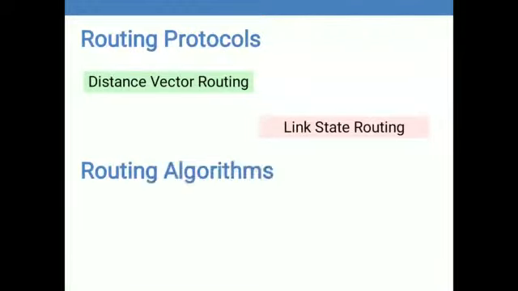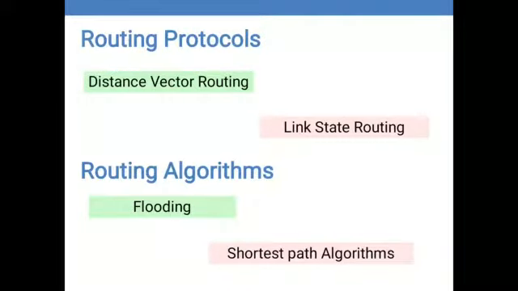And we also have routing algorithms. Routing algorithms are the algorithms used to find the route from source to destination. Here we consider two different types of algorithms: one is flooding, and the other is the shortest path algorithm.